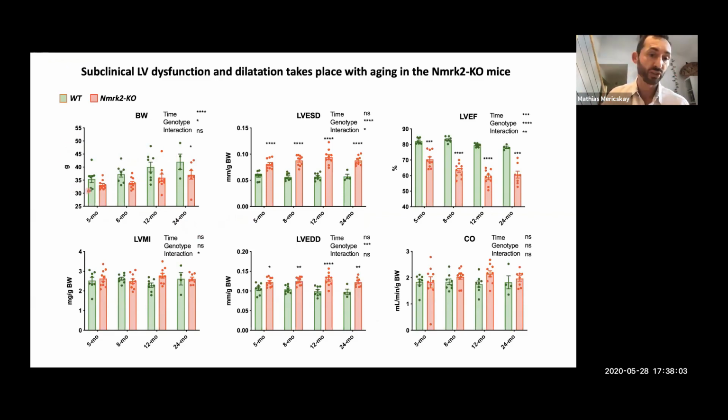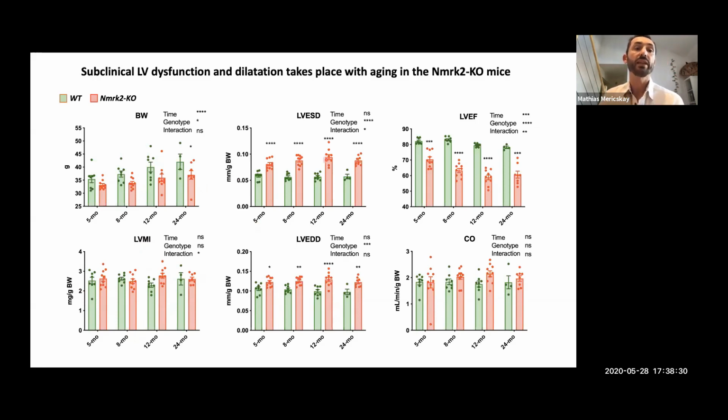First, I would like to mention that these mice present a slightly smaller body weight compared to controls, which is maintained over time with aging. It doesn't affect the cardiac mass ratio, the left ventricular mass index, which is equivalent between the wild type and the knockout mice. By the way, the wild type are in green here, the knockout in red.